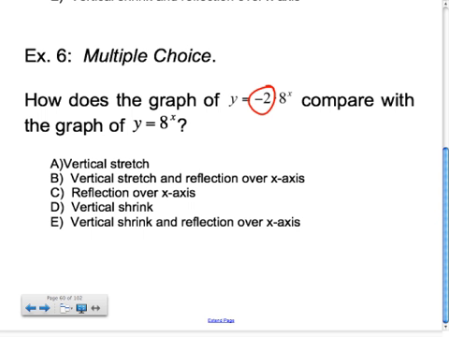Then I look at the value of 2. Since 2 is bigger than 1, I'm going to have a vertical stretch. So I not only have a reflection, but also a vertical stretch as well.